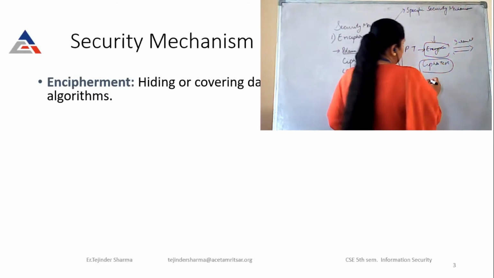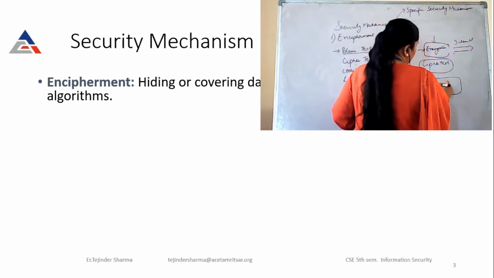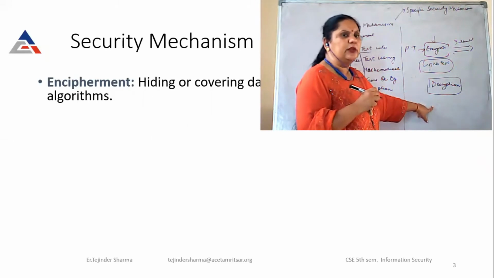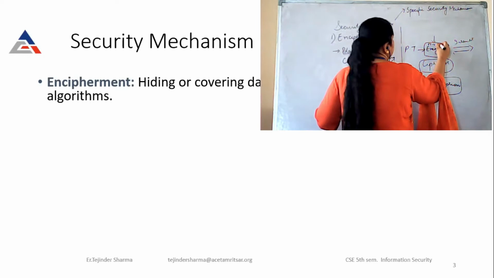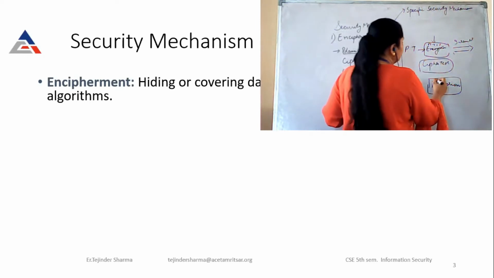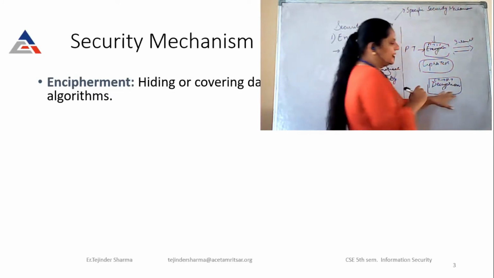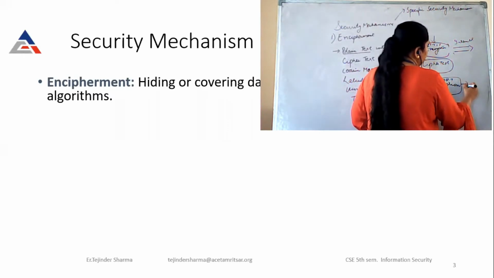And on the receiver side, this process is reversed. It is known as decryption. Decryption means converting the ciphertext into the plain text. Here, in this process, PT is converted to CT, that is ciphertext. Here, the received ciphertext is converted back into the plain text. That process is called decryption, and it is then read by the receiver.